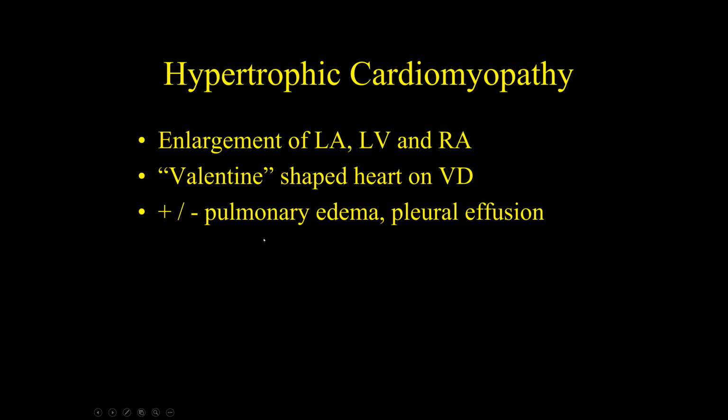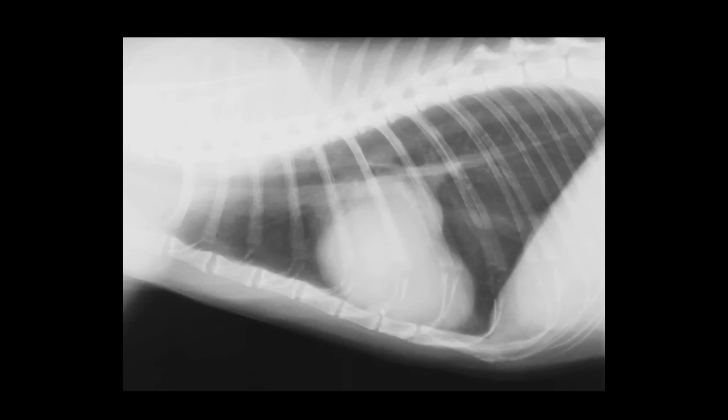As these cats' condition gets worse and worse, they'll develop pulmonary edema, which is usually due to left heart failure, and they might get some pleural effusion, which is usually due to right heart failure. So if I look at this lateral view of this cat with hypertrophic cardiomyopathy, you can see this part of the heart right up in here is where the atria live.